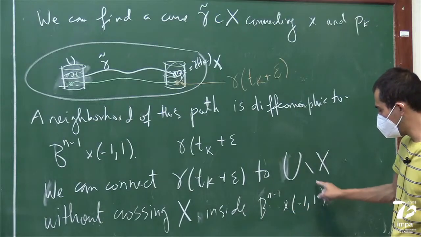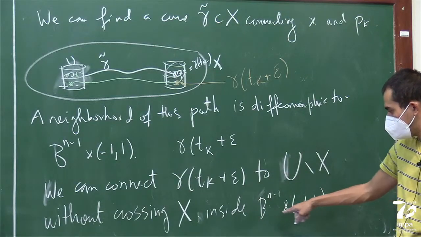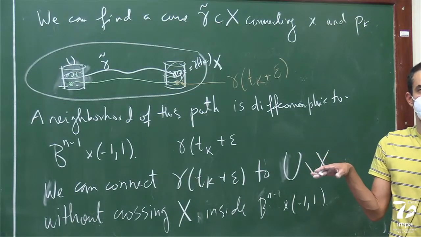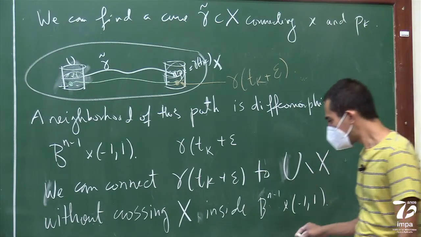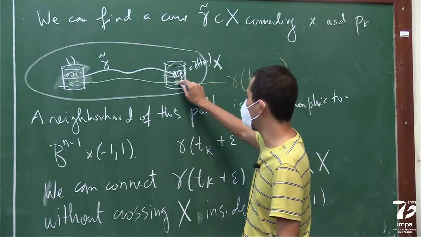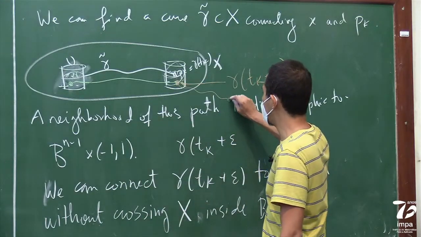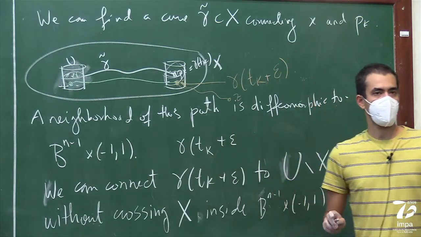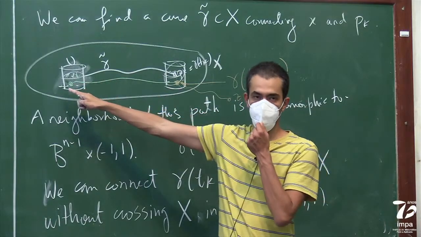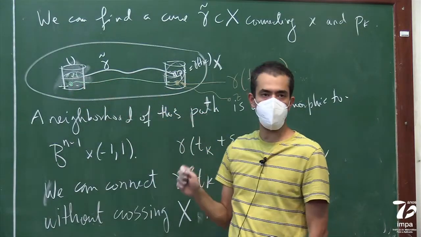So basically, you go through this, but you never cross the B^(n-1) times 0, which is the part that corresponds to x. Okay? So there we go. So basically, if we look at this path composed with the rest of the path to z, that means that I have a path from z to the neighborhood of x that never crosses the hypersurface x.